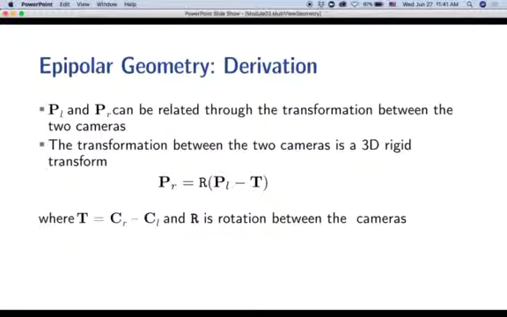We call it the baseline also, CR minus CL, and R is the rotation between the cameras. Then small pr and small pl are related to the capital ones just by the perspective transform, which is FR over Z. I could put a minus sign if I want to. Both conventions are okay. So pr is FR over ZR times capital PR, and pl is FL over ZL times capital PL. Okay, is that fine? No issues.